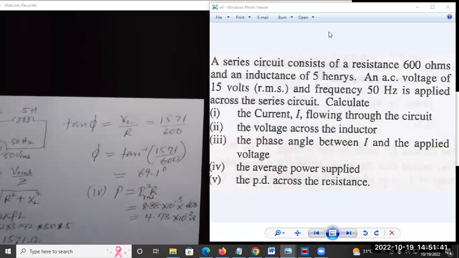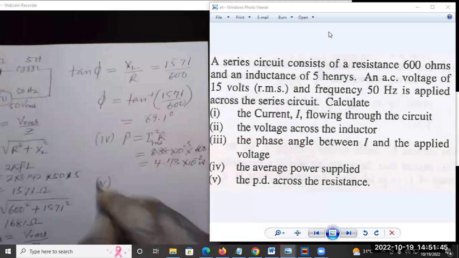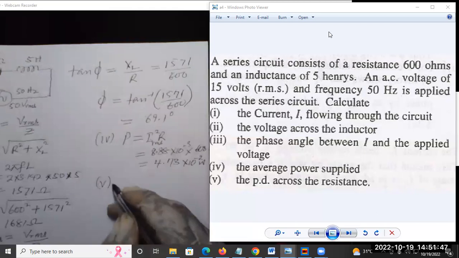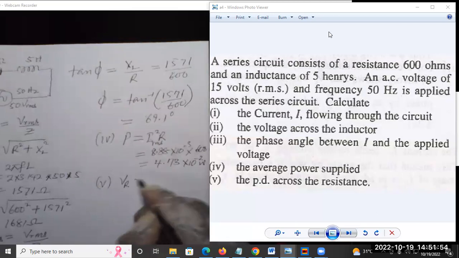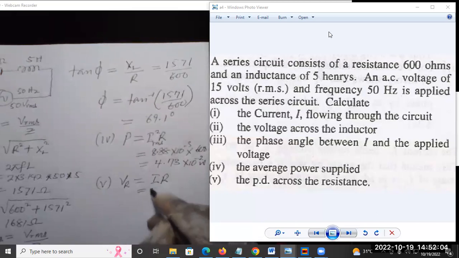The last question, we have to find the PD across the resistance. The PD across the resistance is given by the expression VR equals the current times the resistance. This is the root mean square current multiplied with the resistance.